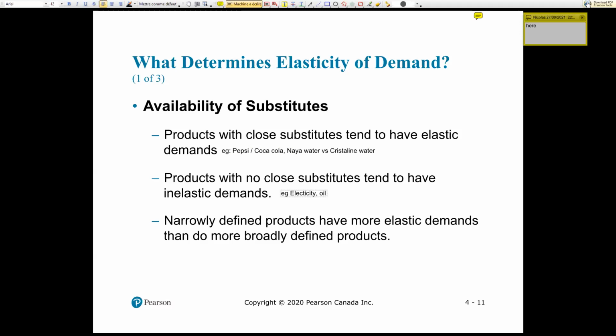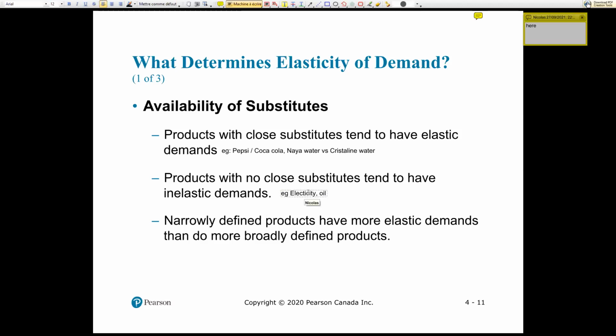It's very hard for me to say, oh, the price of electricity goes up, no worry, I'm just going to run everything by oil lamp or something. So there's basically no substitute for electricity. For oil, you could try to use an electric car, but electric planes are more difficult.